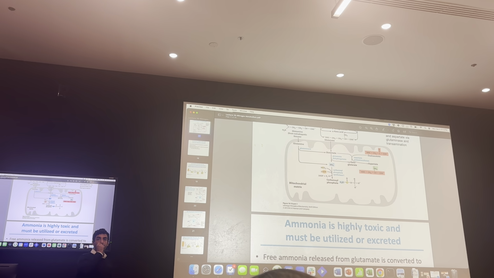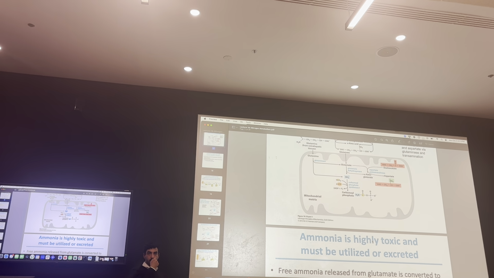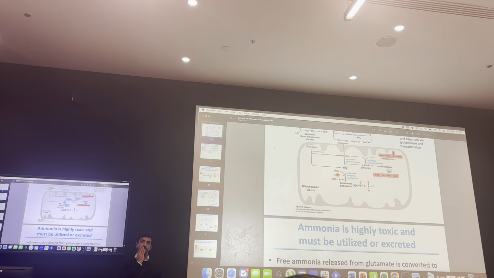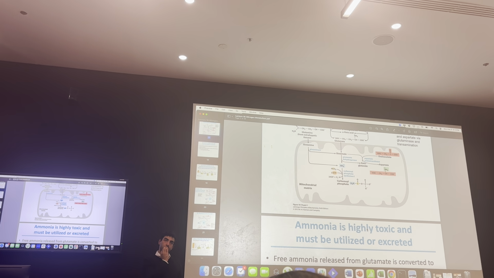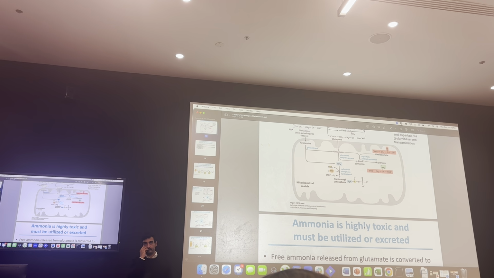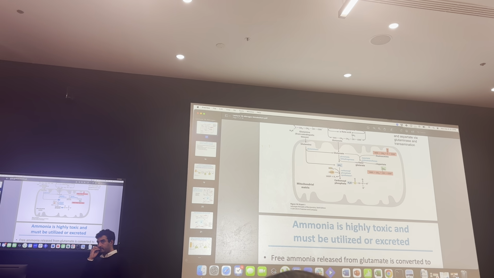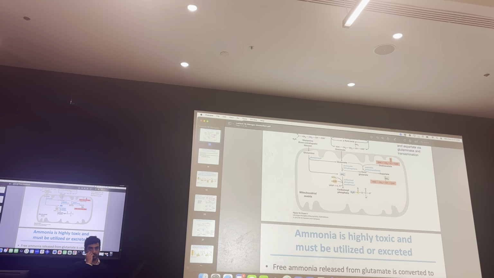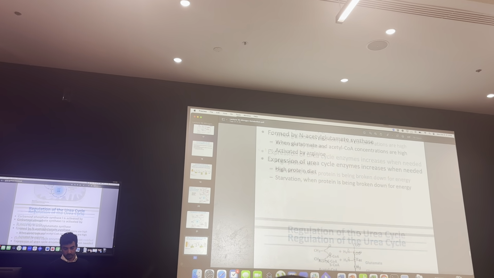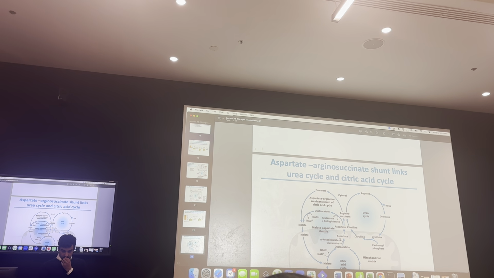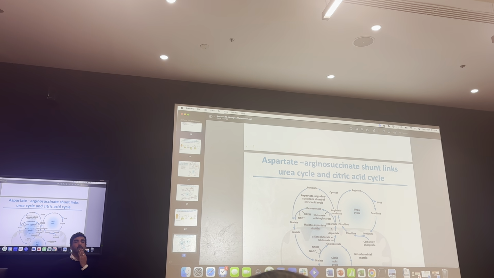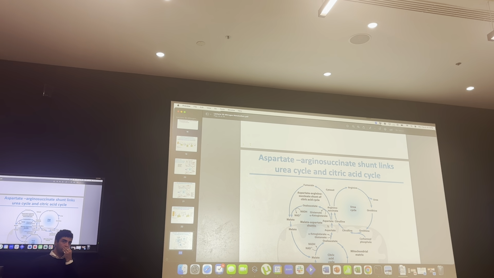Back in the one where it shows the combination of citric acid cycle, urea cycle, and the other one, there's aspartate coming out of mitochondria, and then one of it goes in argininosuccinate, and the other one is transported to oxaloacetate. Does it mean that some of the aspartate goes one way and other parts of aspartate go into the argininosuccinate circle?